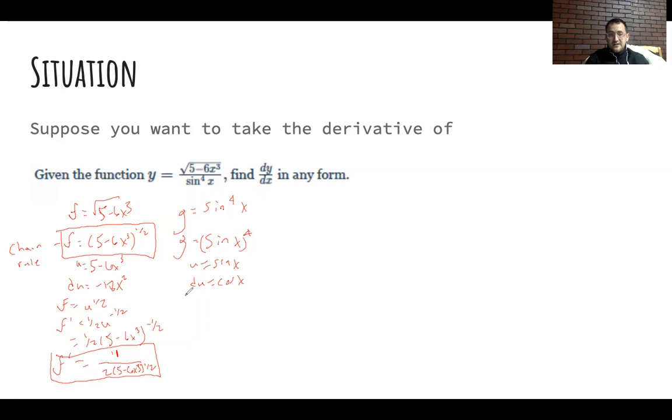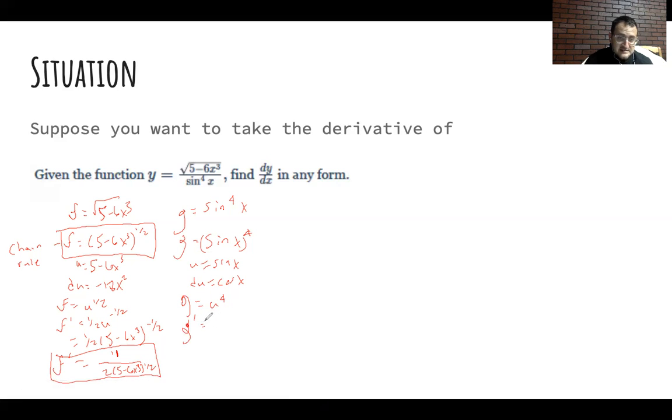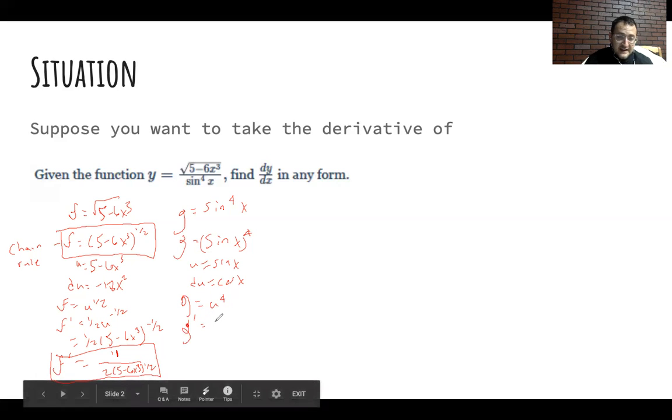So if g equals u to the 4th, so g prime would be, in this case, I would write this as 4u cubed du.